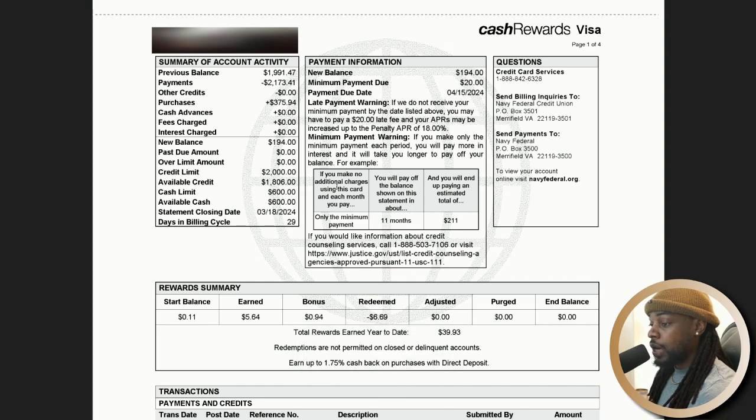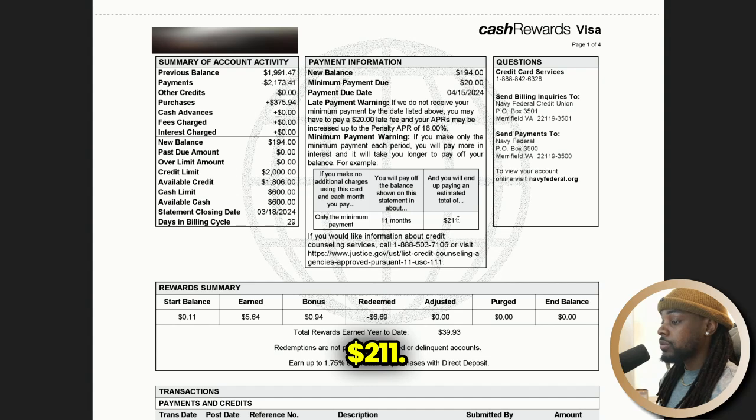For example, if you make no additional charges using this card and each month you pay $20, you will pay off the balance shown on this statement in about 11 months, and you will end up paying an estimated total of $211.